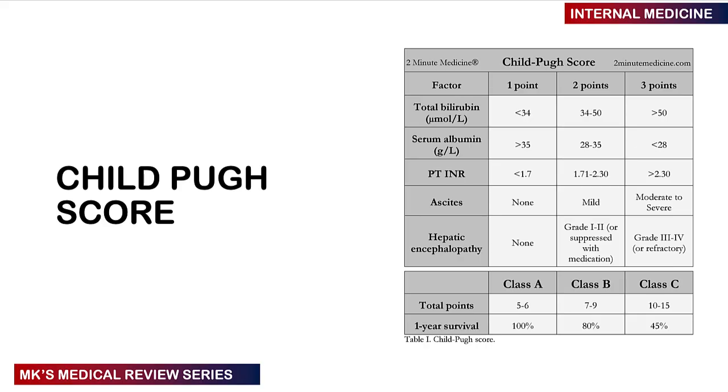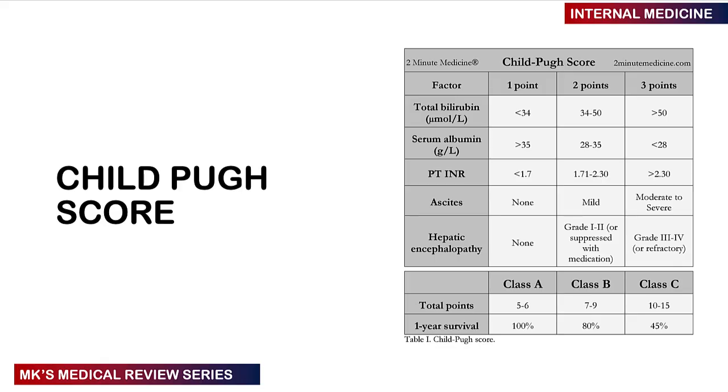Because of this wide variation in the value, we want to standardize it. So we get the patient's prothrombin time, compare it to the prothrombin time of the control of that particular lab, and you get a specific ratio. The higher the ratio, the greater your prothrombin time. It means that your blood takes a long time to clot, so you have a greater risk of bleeding. The lower the international normalized ratio, the quicker your blood clots, so the higher the risk of forming blood clots, the higher risk of thrombi.